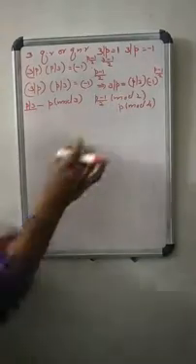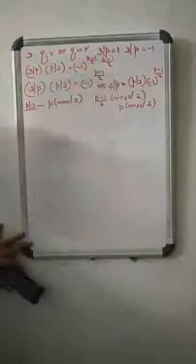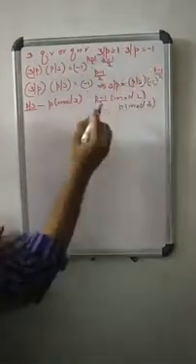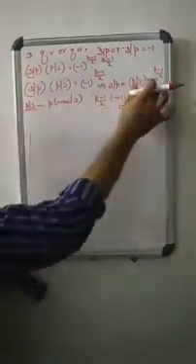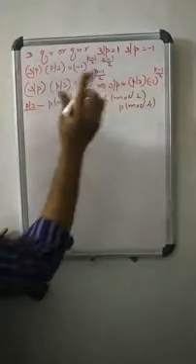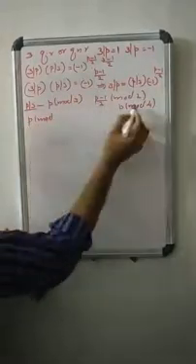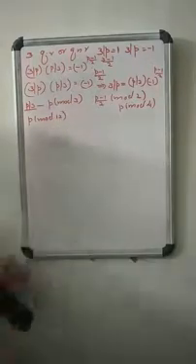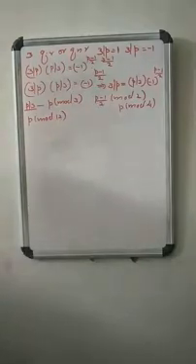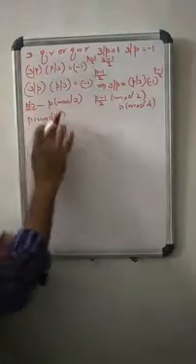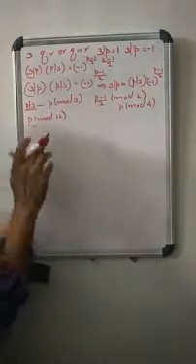So, come to this product, (P/3) into (-1) power (P-1)/2. To determine the right side, we have to determine P mod 3 and P mod 4, which means P mod 12. So, to determine P mod 12, what is P? P is an odd prime.